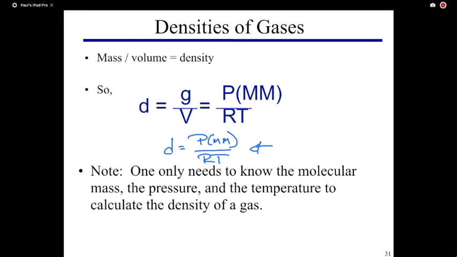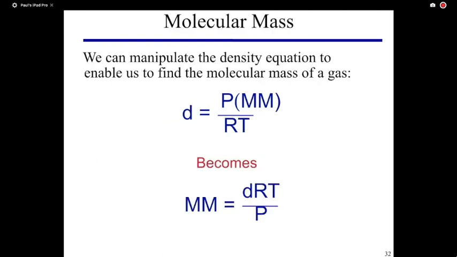What could you solve for that you couldn't have done before? If you do a little bit of algebra, you can get the molar mass. So, dRT divided by P gives you molar mass. Got it? Do you need to memorize both of these equations? Only if you can't do algebra.